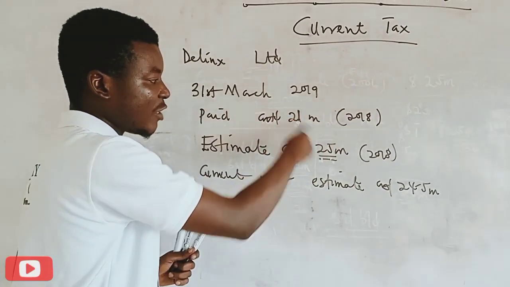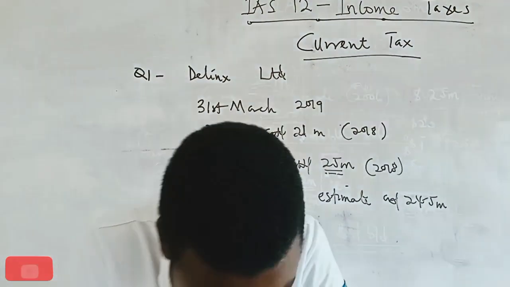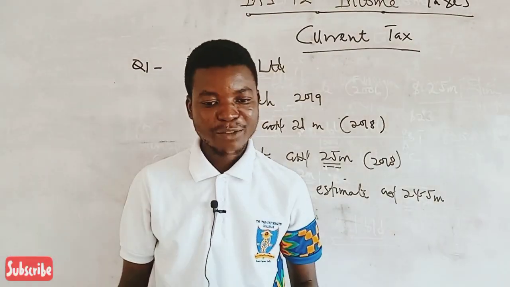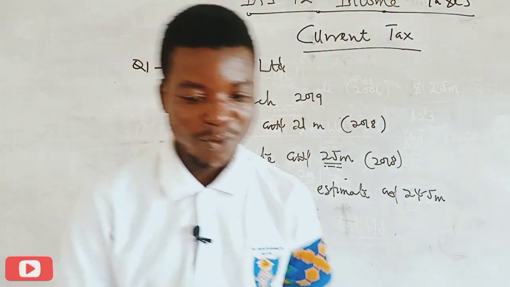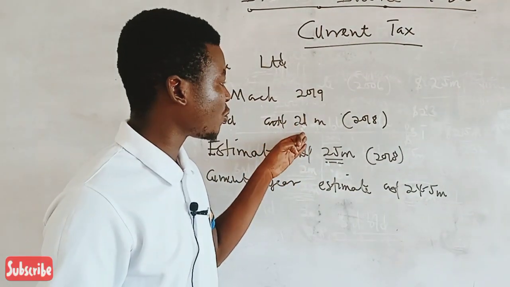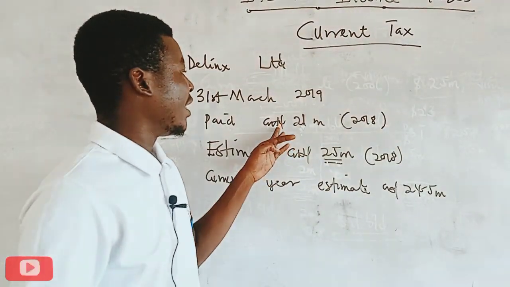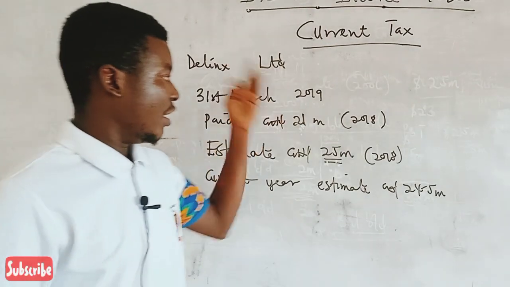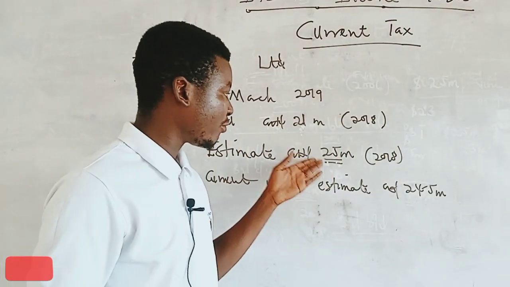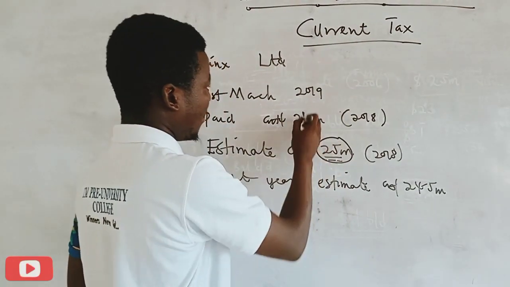The question requires us to explain the treatment of the above transaction in the financial statements of Links Limited for the year ended 31st March 2019 in respect of taxation. First of all, you have to establish whether this is an under provision or over provision. In respect of 2018, there was an over provision of 4 million. How did you get 4 million? It is the estimated amount minus the actual.